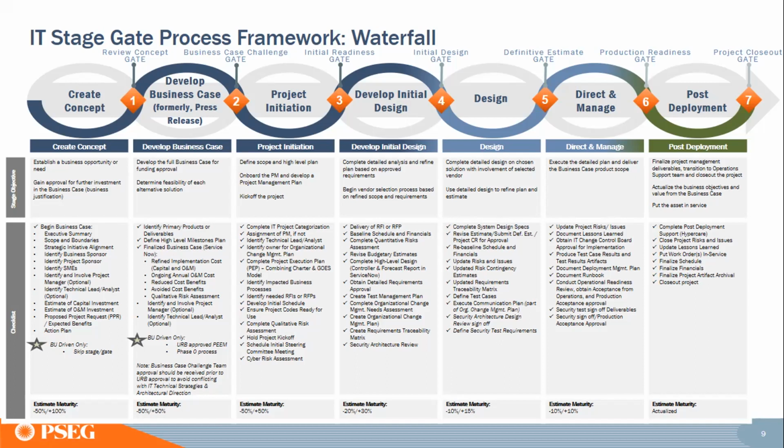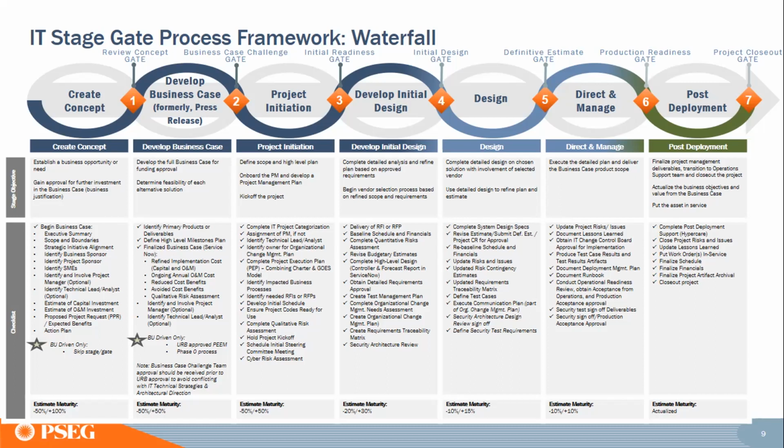7 stages, 7 gates. The gates are basically the transit point between one stage and the other stage, where you have to explain or give proof of completion of all the tasks of the outgoing stage. Okay.